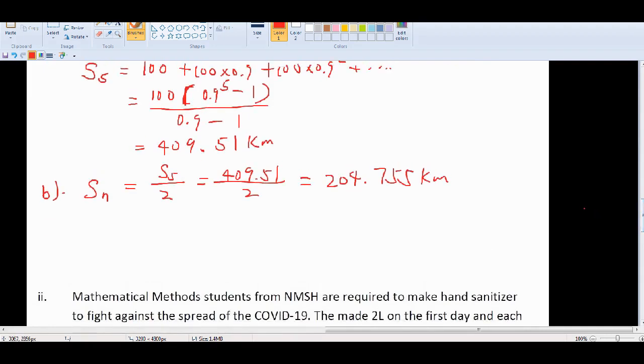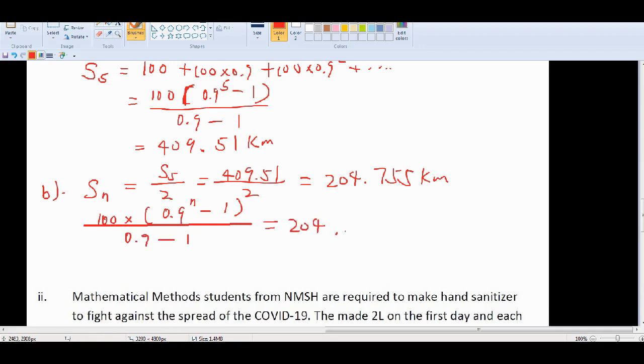Then you solve it using the formula for geometric series, which will be 100 times, 100 is T1, 0.9 to the power n, which we don't know, minus 1, over 0.9 minus 1, equals this one.